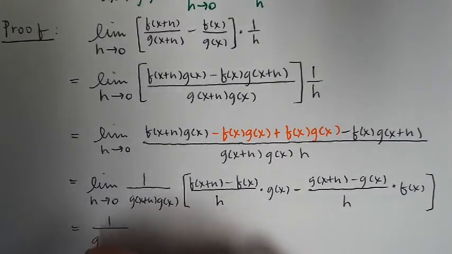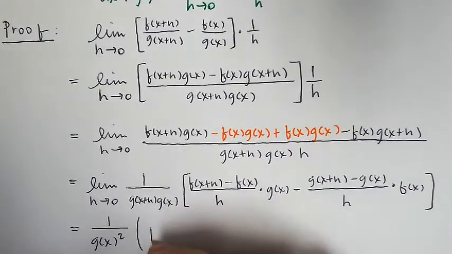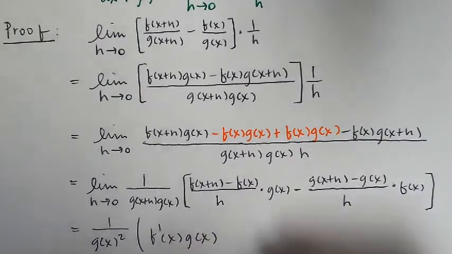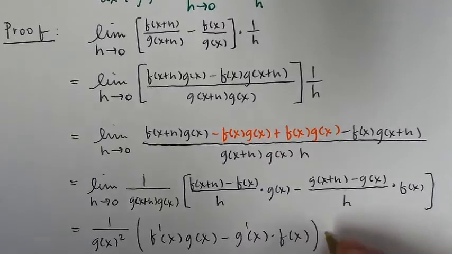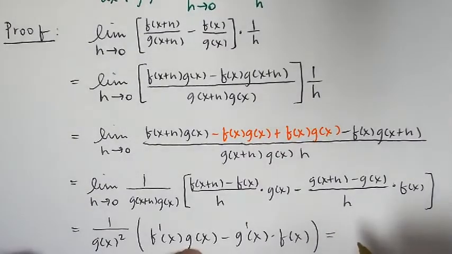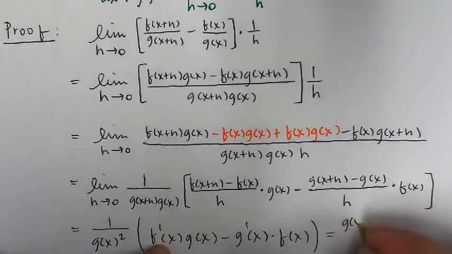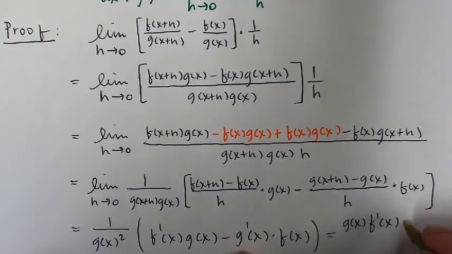And so I have 1 over g of x squared multiplied by f prime of x from this one times g of x, minus g prime of x and f of x. To put this all together, and to write it as I had written it in the statement of the theorem, this is equal to g times f prime minus f times g prime.